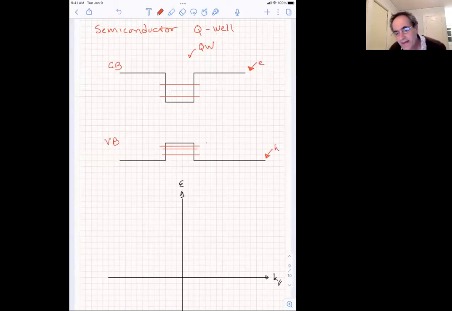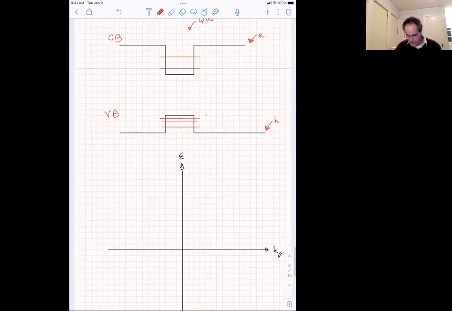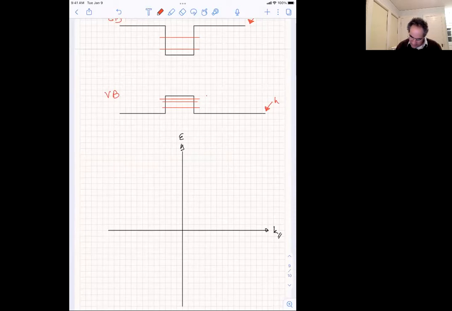So what kind of energy levels does this create? Well, from what we've learned so far, what we expect is to find electron energy subbands. Like this.